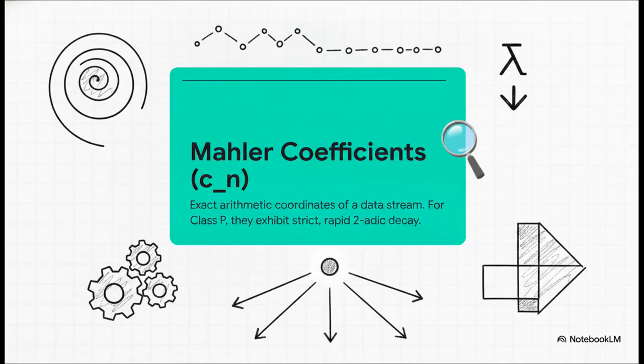So here's the crucial point. For deterministic algorithms, our good old class P, these Modular coefficients stay beautifully unramified. If you look at the limit equation, the 2-adic valuation of Cn rapidly decays, and it's strictly bounded by a polynomial constant alpha. The algorithmic configurations simply don't fragment.